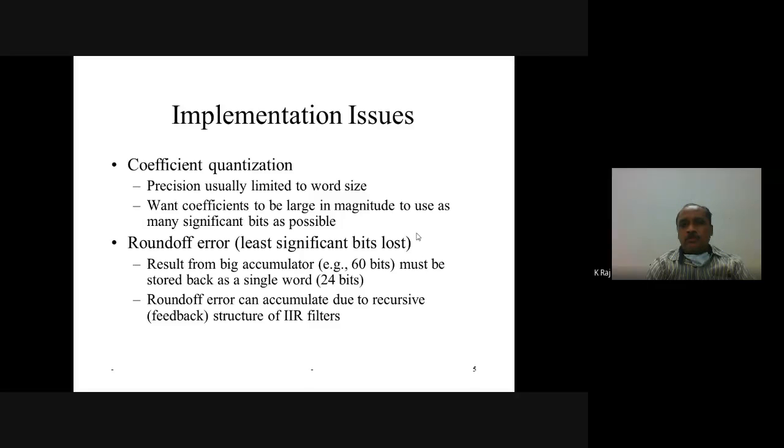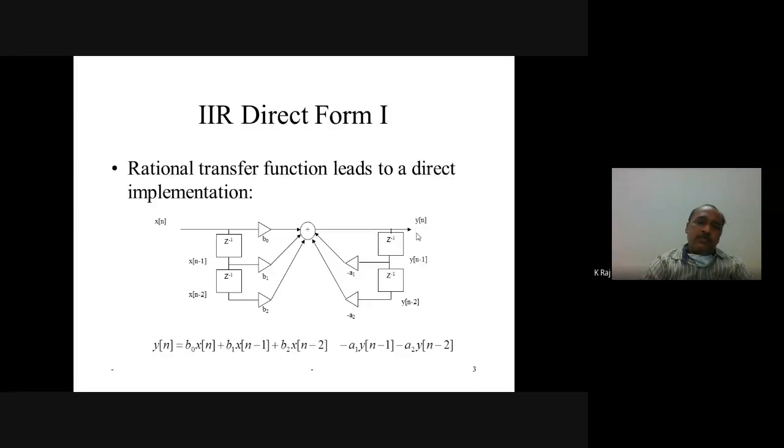Due to this limitation, the coefficients will be quantized. When the coefficients are quantized, what will happen? If we look again at the mathematical model, the coefficients b_k and a_k are quantized here.